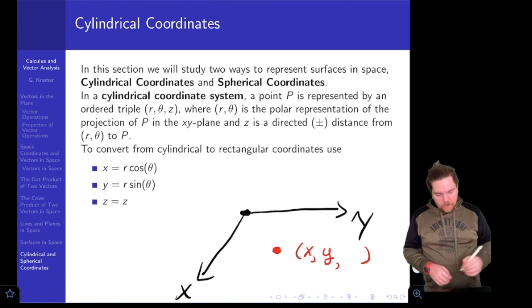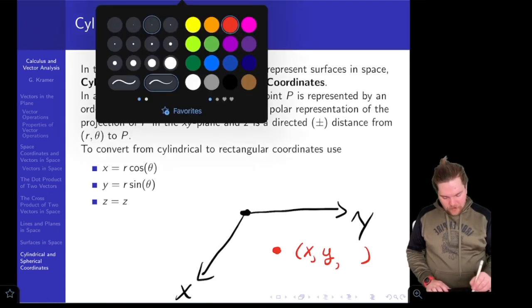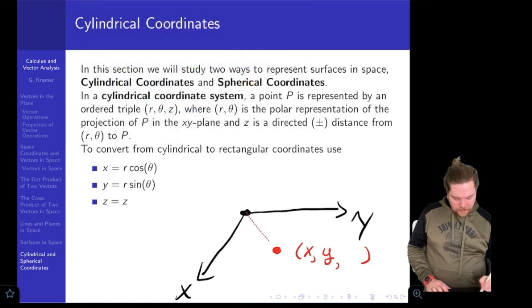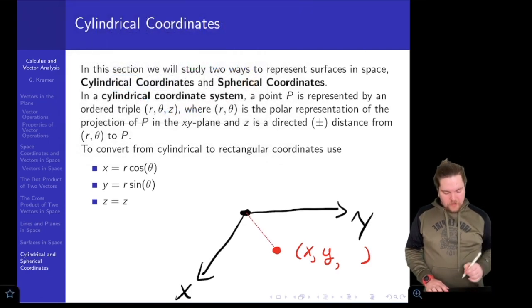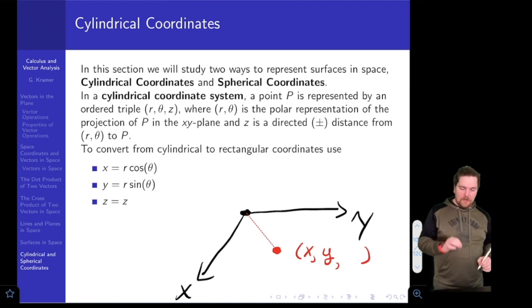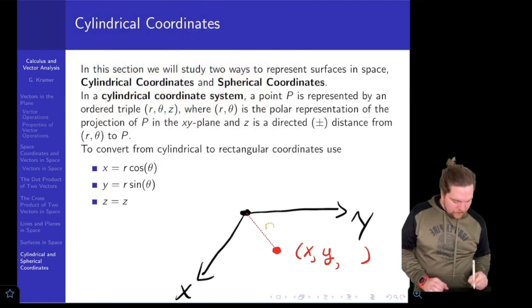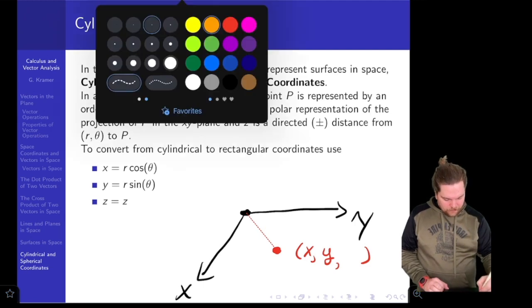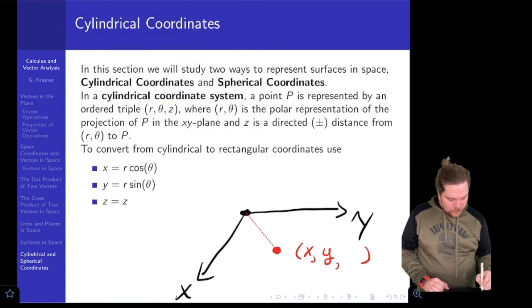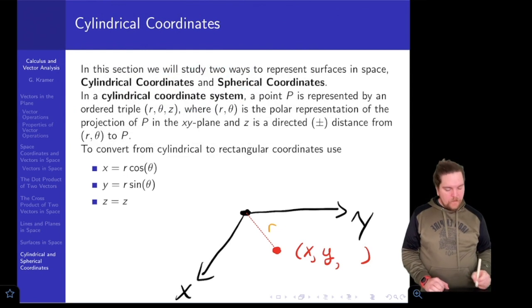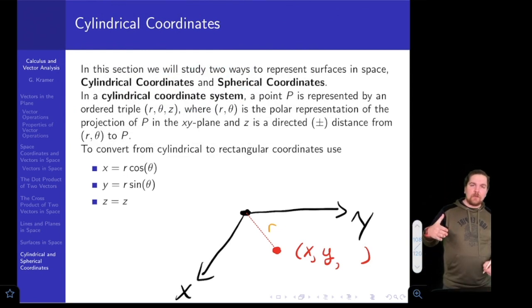Another way that we can represent the point in the plane, though, is by thinking about its polar representation. So we can now imagine not just referring to that point as an x-coordinate and a y-coordinate, but now we can imagine talking about the distance that that point is from the origin. We'll call this distance r, and the angle that's formed in standard position.